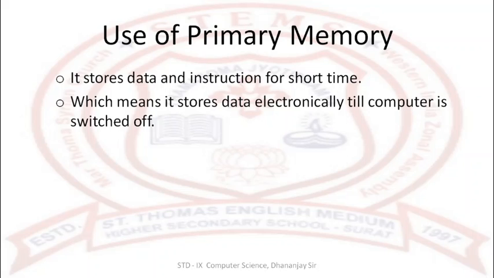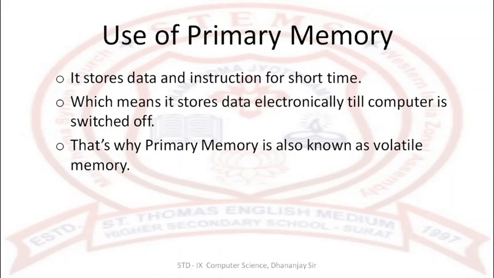This memory stores the data for a short term, while the power supply is on. When the power supply is off, the data will be erased. That's why it is known as volatile memory. It means its nature is temporary.